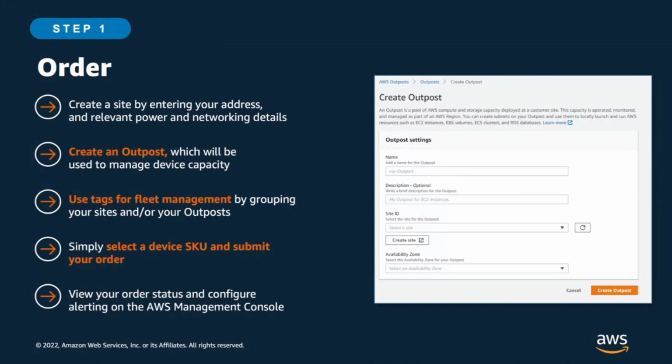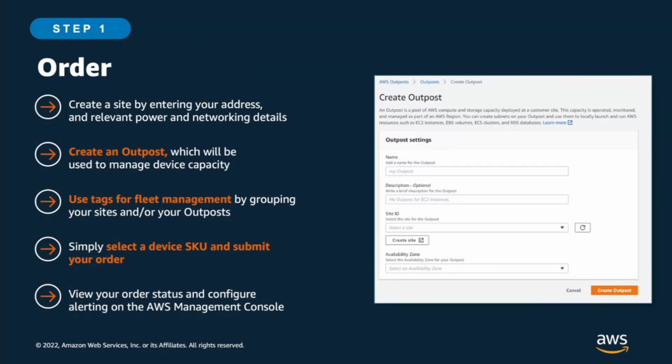So a bit more about those 3 steps I mentioned earlier. I wanted to show you how simple and straightforward this is. You literally will be able to go through the AWS Management Console, and you can order. I'd also point out that this is supported on CLI and SDK. You're able to browse the Outpost catalog. You can just check out what SKUs you want to order. It's not very complex. There are 3 different versions, the 2U versions and the 1U version.